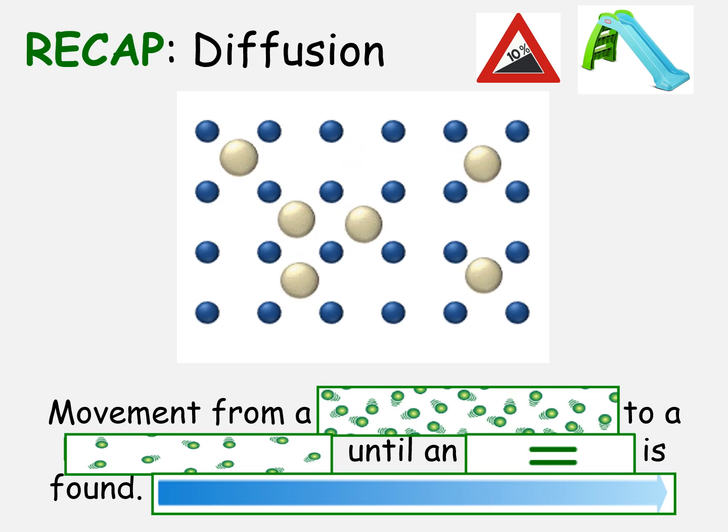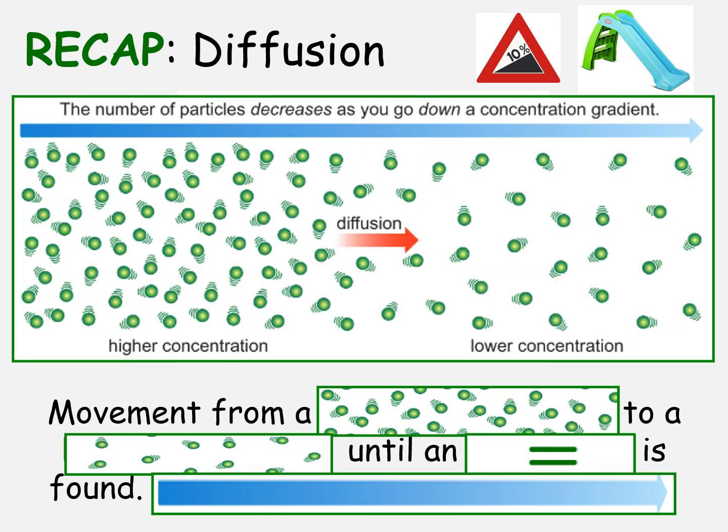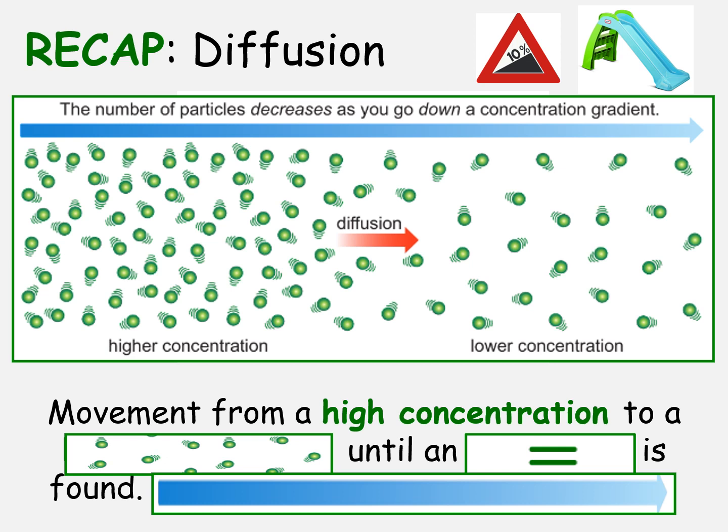You can see that again in the picture that I've just put up. Particles move from an area of high concentration to an area of lower concentration, and that continues until an equilibrium, or an equal mix of particles, is reached.